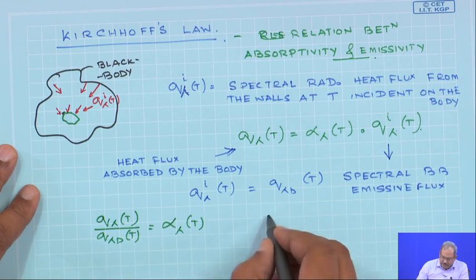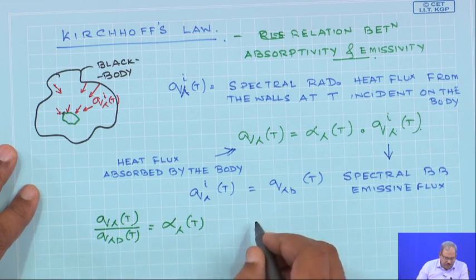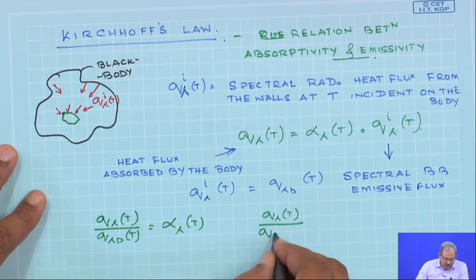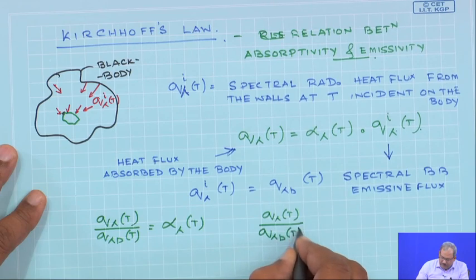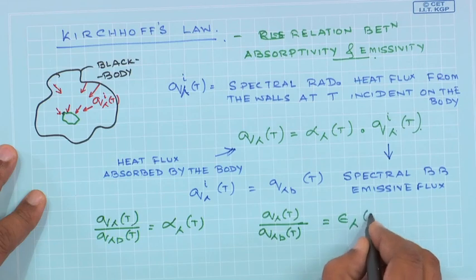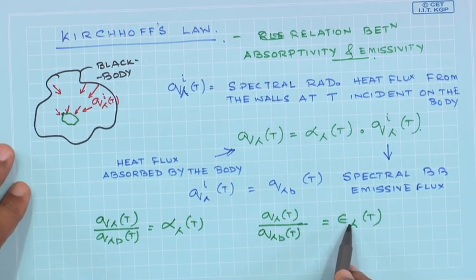Now, if you think about the definition of epsilon, then q lambda t, whatever is emitted divided by whatever is emitted by a black body at that specific temperature is the emissivity. Emissivity is the amount emitted by an object divided by amount emitted by a black body at the same temperature. That is the definition of spectral emissivity.